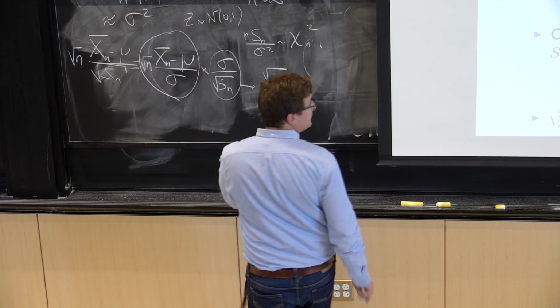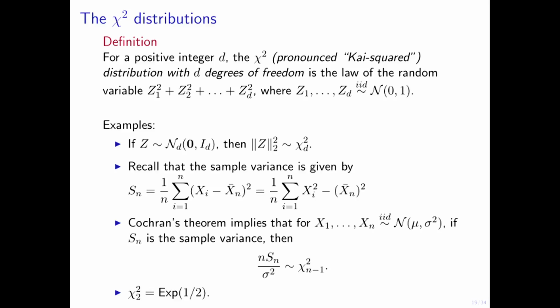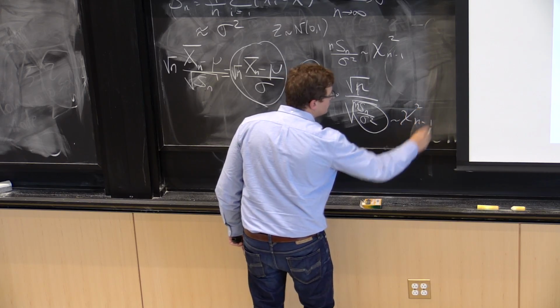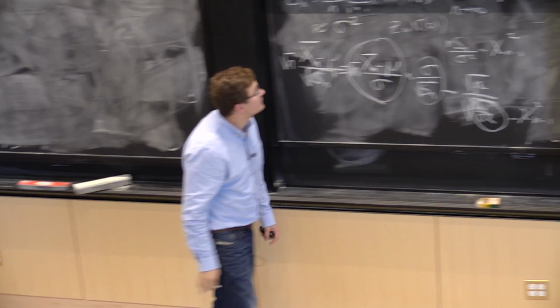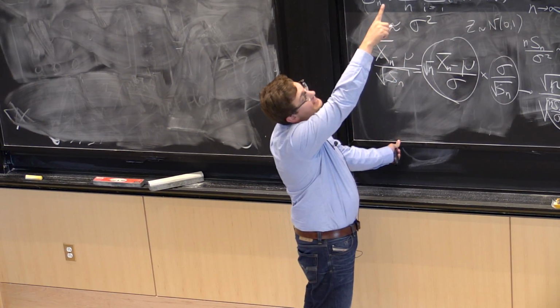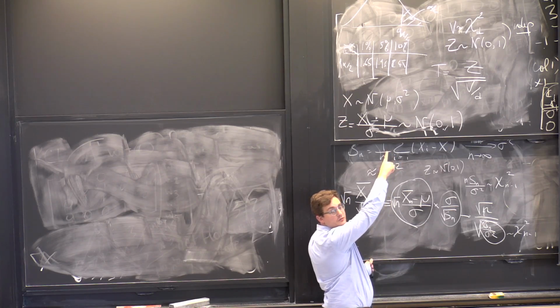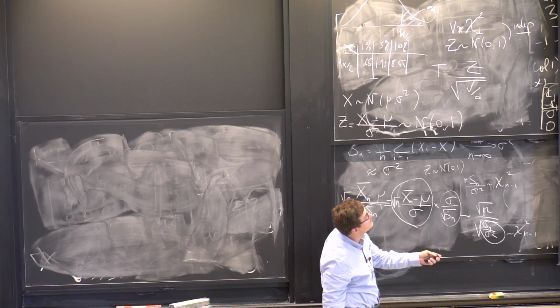Now, what I know is that this thing is a chi squared with n minus 1 degrees of freedom. So this guy here is chi squared with n minus 1 degrees of freedom. Let me call this thing v, in the spirit of what was used there and in the spirit of what is written here.